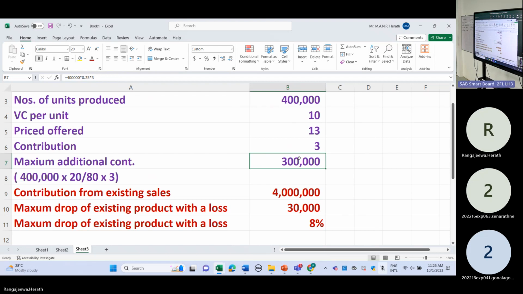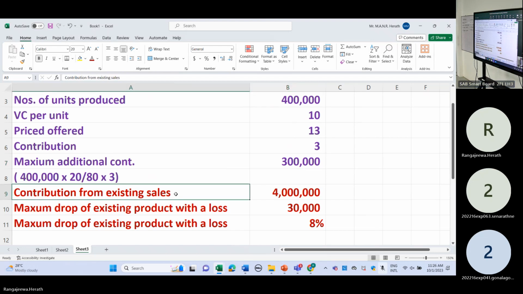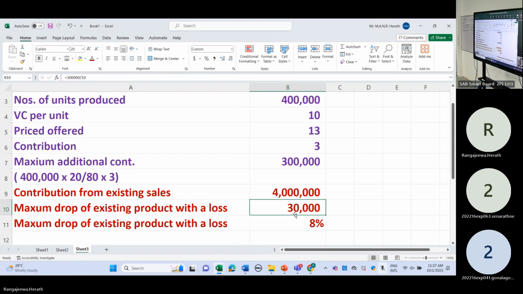So that might have a significant drop in your sales, even beyond the contribution decrease. The maximum drop of the loss here we take as 30,000. If someone drops one of our products, he's going to buy the other product.